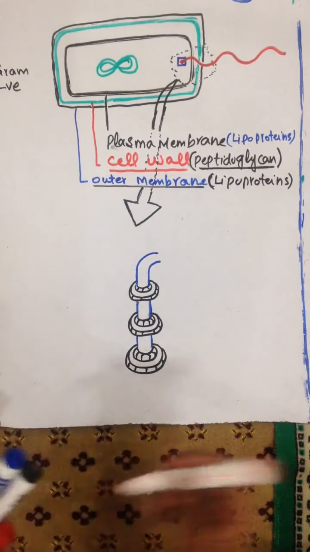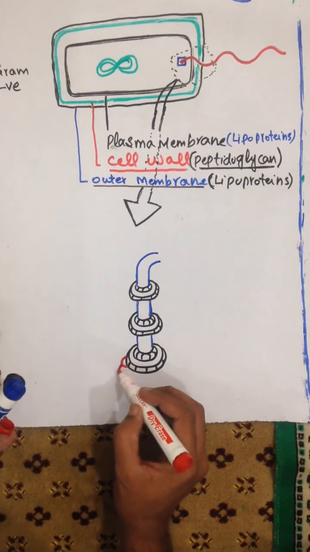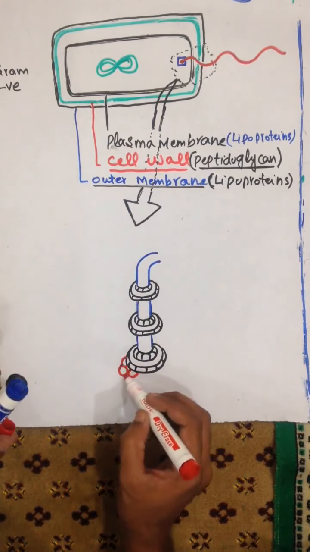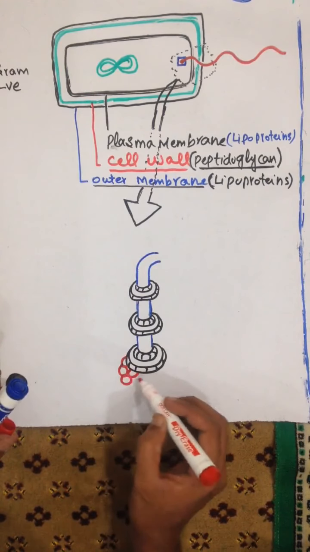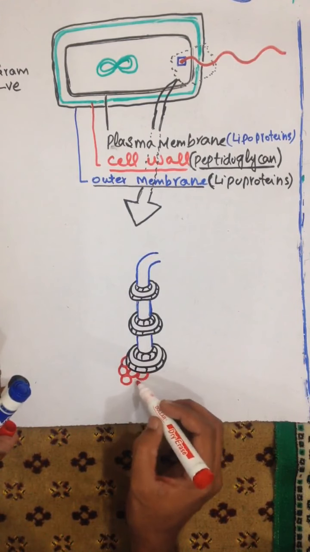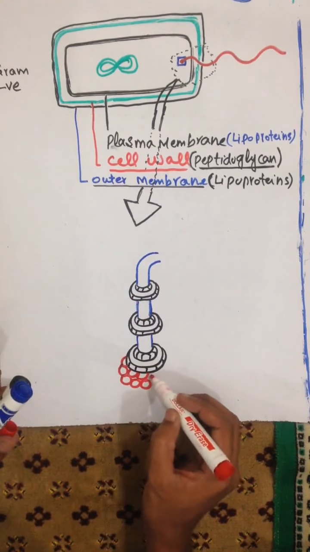And here comes the last ring, that is composed of multiple proteins, mainly composed of filamentous G, M as well as N proteins.